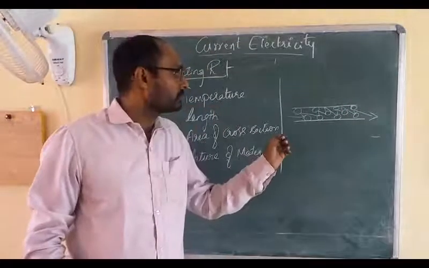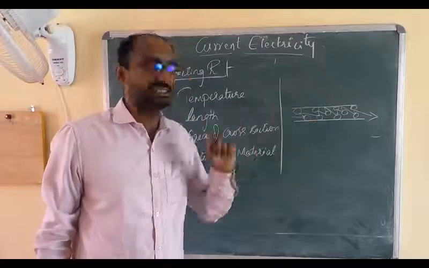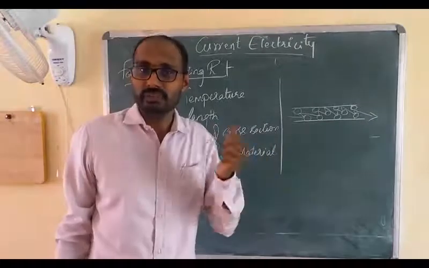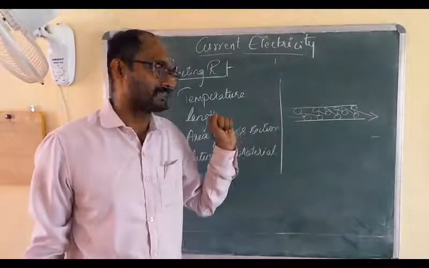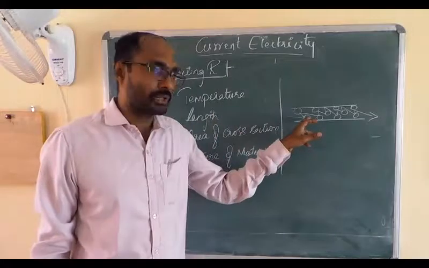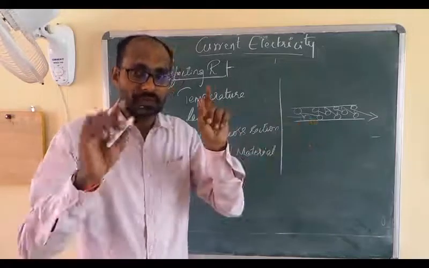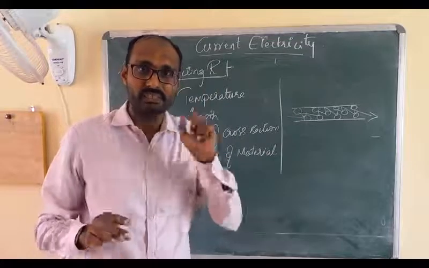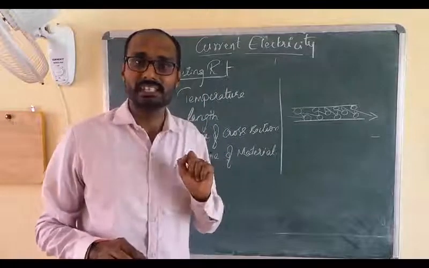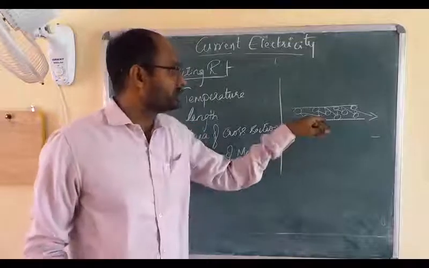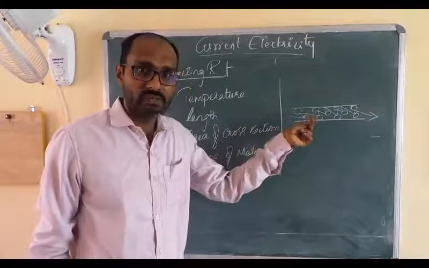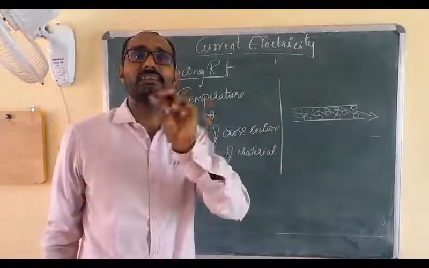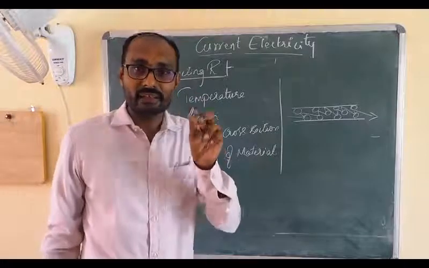Now, if the temperature of this conductor is increasing, either because of an external factor or an inherent one, see, every time the electron collides with the ion, they come in contact with each other. Whenever two bodies are in contact, there is friction, and whenever there is friction, heat is produced, because of which these ions gain some heat energy and start vibrating more vigorously.